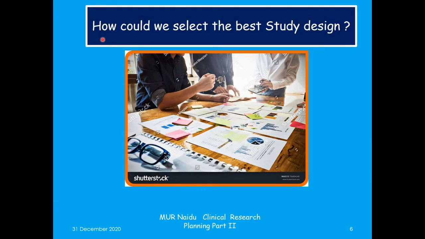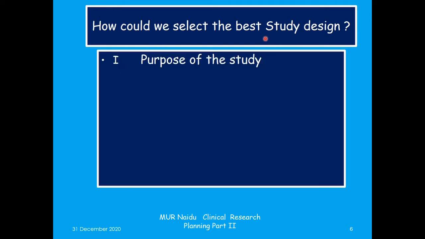The next question for best study design selection is what are the various factors one should consider so that the study design is best to conduct a particular clinical study. It mainly includes 5 factors.